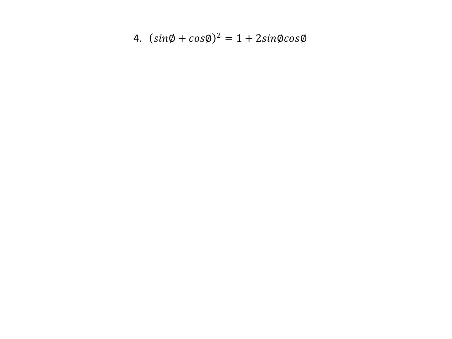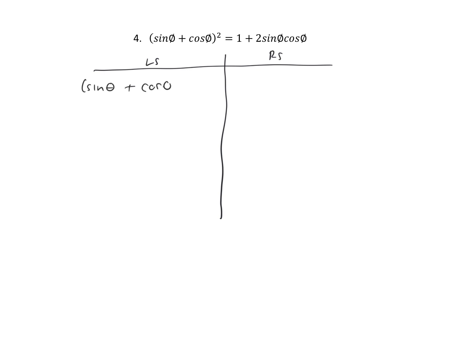Okay, in this example, on the left we have sine theta plus cos theta all squared, and on the right we have 1 plus 2 sine theta cos theta. Sine theta plus cos theta is squared, so I'm going to write it out twice.